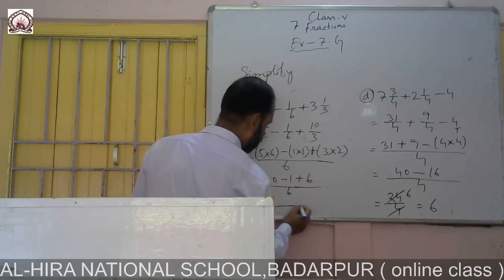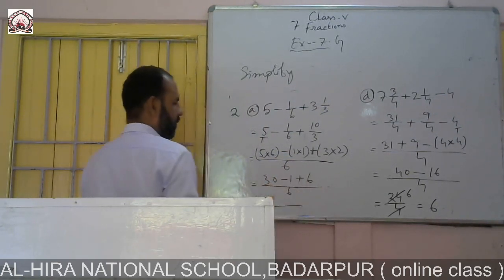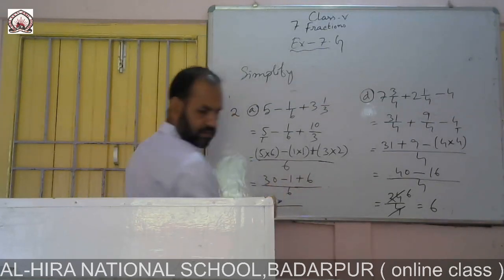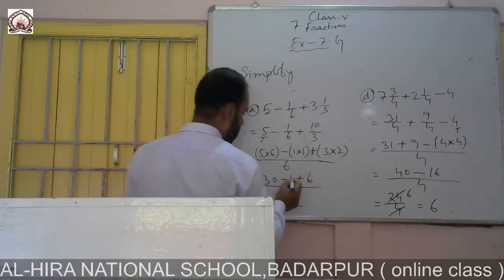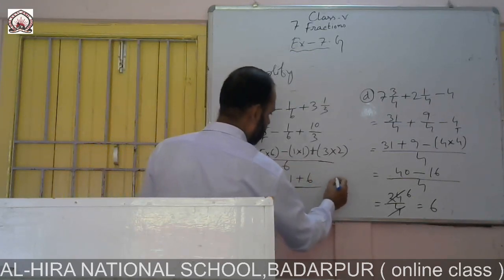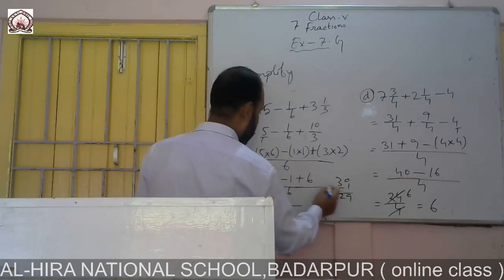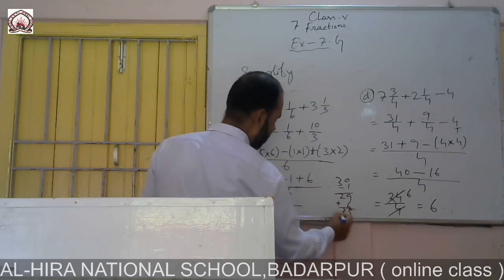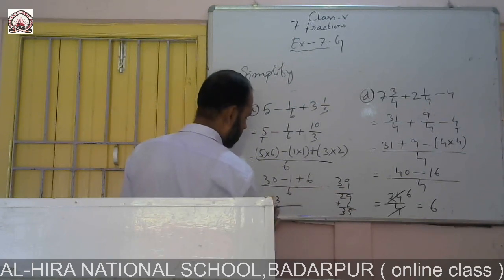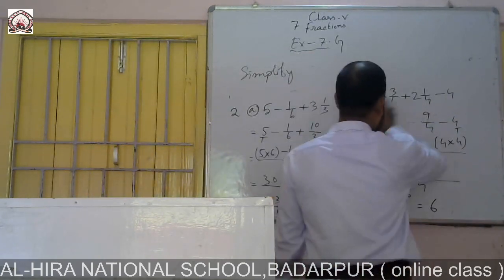Now 30 minus 1 equal to 29. 29 plus 6 is equal to 35. 35 by 6.